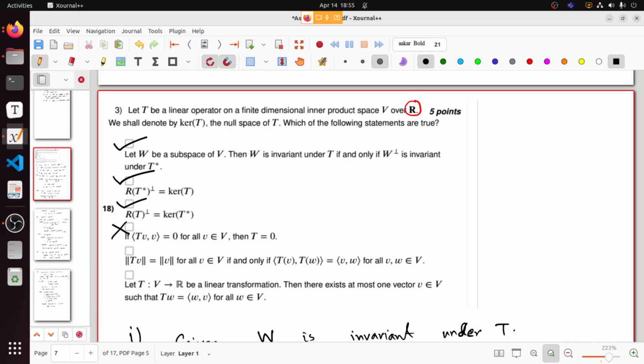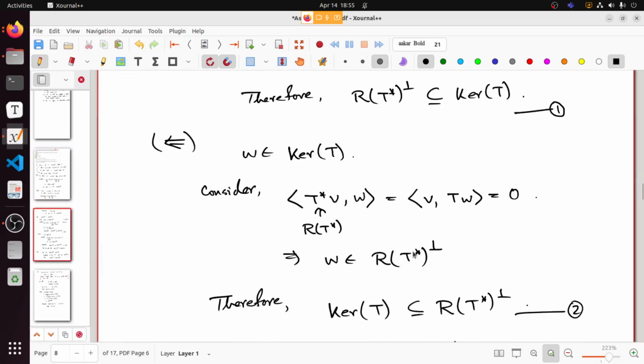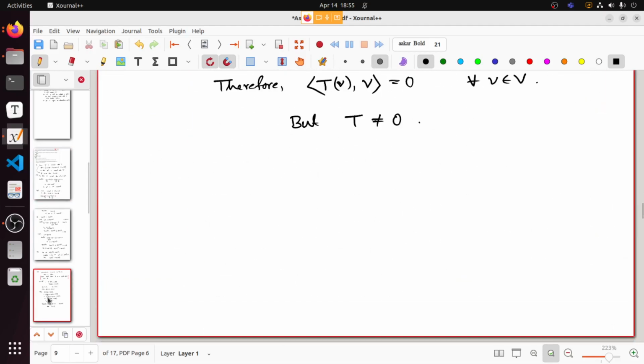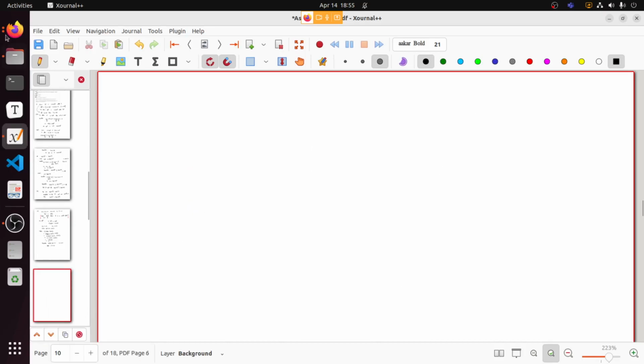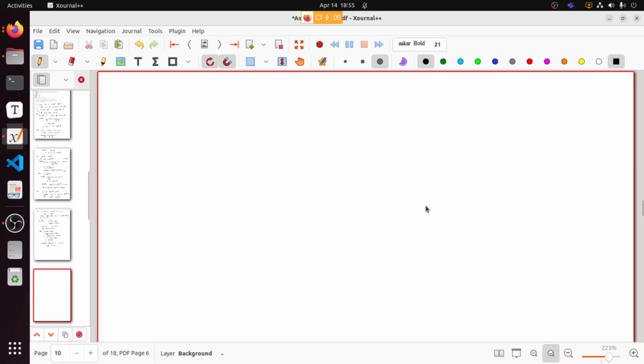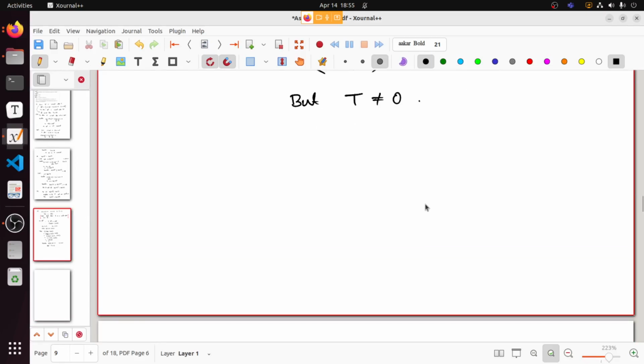We are saying that norm Tv equals norm V for all V if and only if inner product of Tv with Tw equals inner product of V with W, right. So what is it? So this is option number 5.